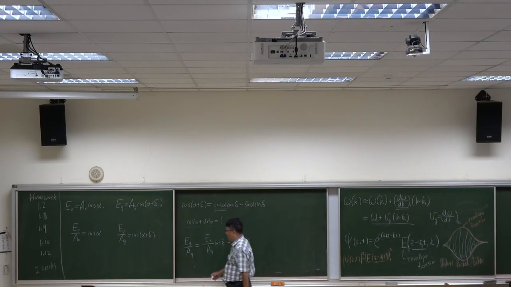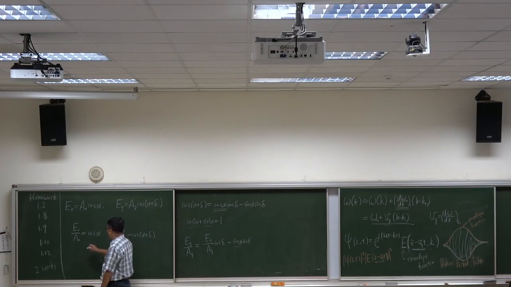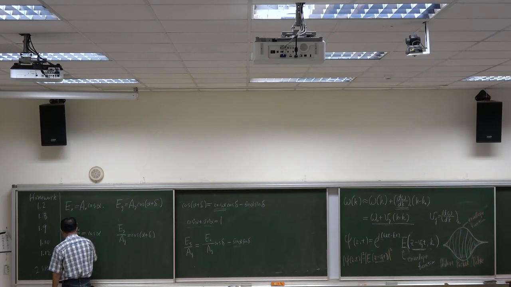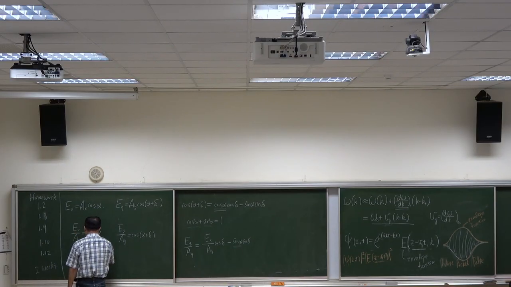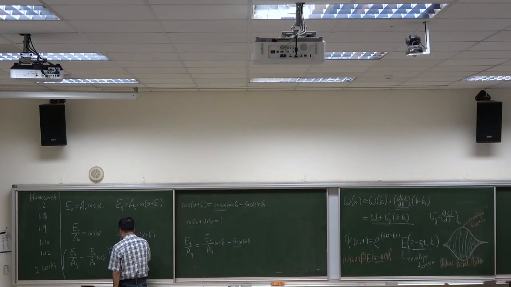So this means that (dy over ay minus dx over ax cosine delta) squared is equal to sine squared alpha sine squared delta.